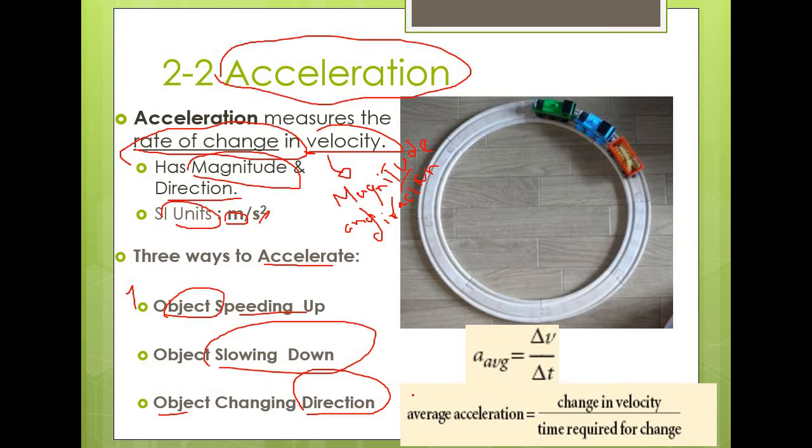If you want to measure the acceleration, we use this equation: average acceleration equals change in velocity divided by time taken, or time required for change. Change in velocity divided by time.